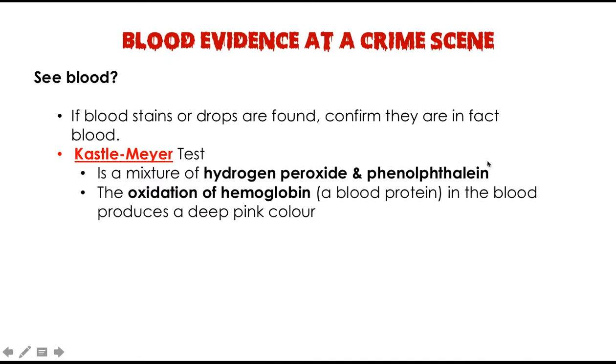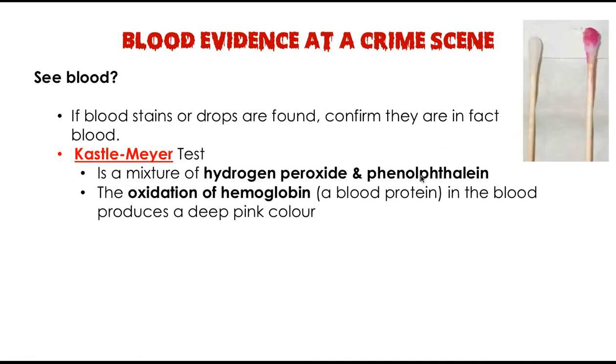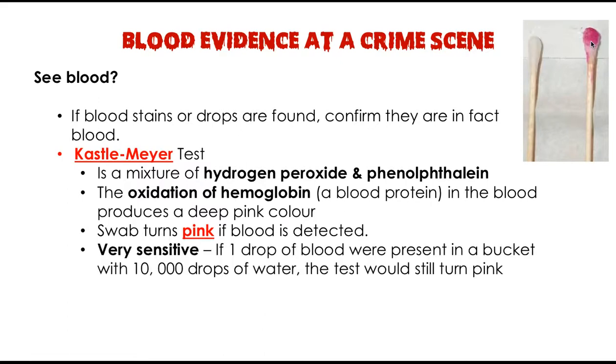That's what the phenolphthalein does. It makes this really bright pink color. Right here, you can see it over here. This would be a negative test, and this would be a positive test for blood. So the swab will turn bright pink when blood is detected at the crime scene.